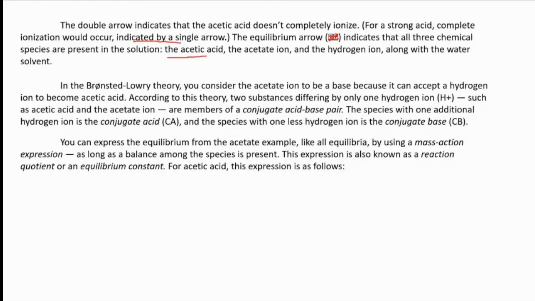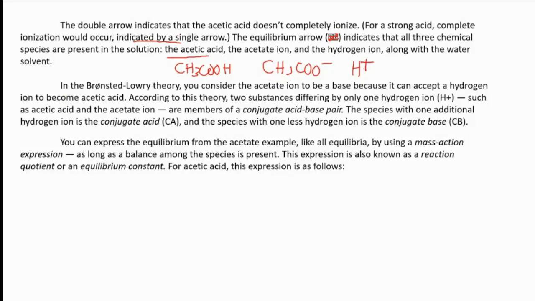We have the acetic acid, CH3COOH, the acetate ion, CH3COO negative, and the hydrogen ion or your H3O plus. Okay, so along with the water solvent. So, in Bronsted-Lowry theory, you consider the acetate ion to be a base because it can accept hydrogen ion to become acetic acid. So, yun na nga.